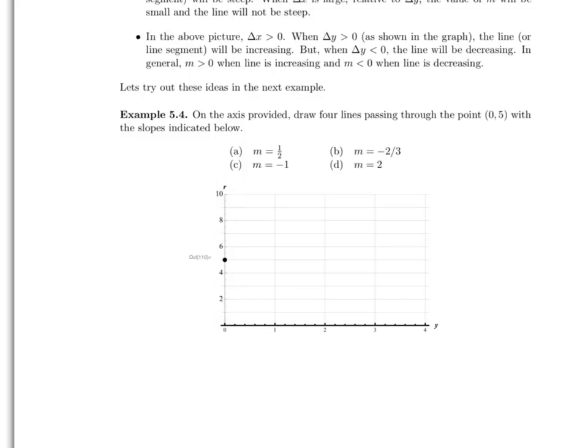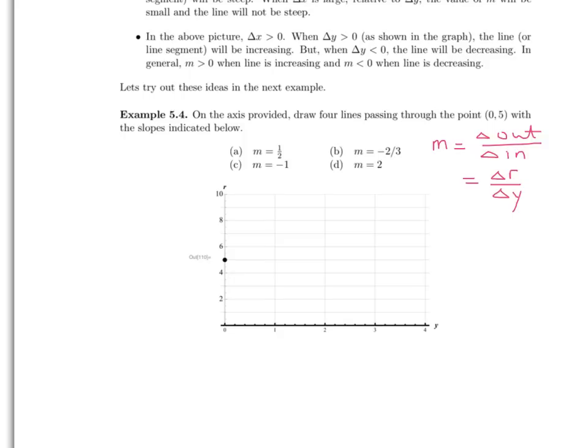That means r is our output variable. Now, you'll recall that slope, or m, is the ratio of the change in the output to the change in our input. So in this case, that would be the change in r divided by the change in y.